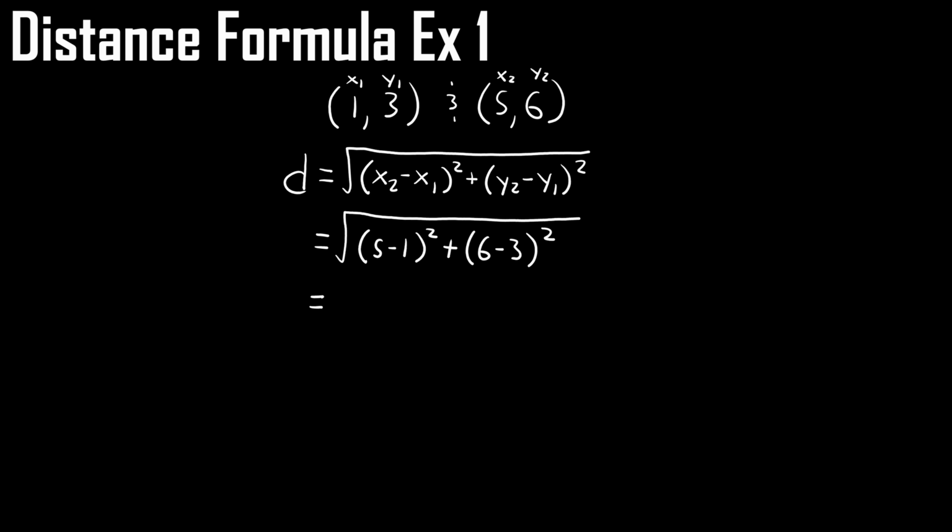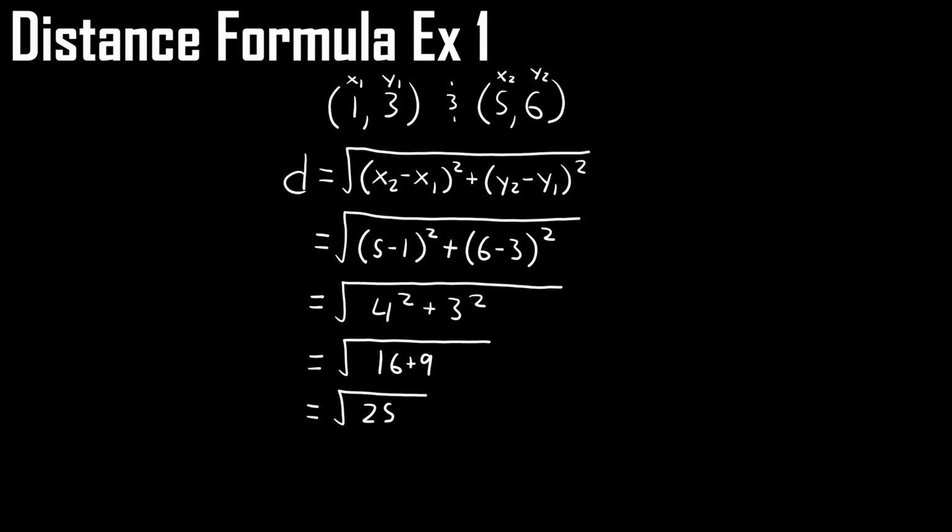This will simplify to 4 squared plus 3 squared, which will simplify further to 16 plus 9. Then finally, the square root of 25, or 5. So the distance between 1, 3 and 5, 6 is 5.